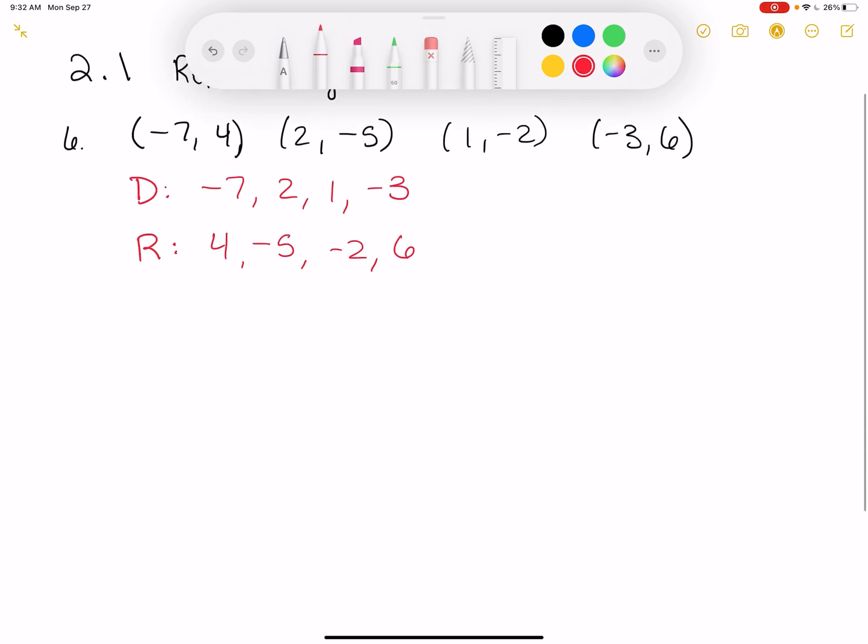Alright, so that's the first part, and then it says to do it using a graph. It's like the worst part about it. I would rather not, but that's not an option. Alright, so then you're just going to plot each point starting with (-7, 4).